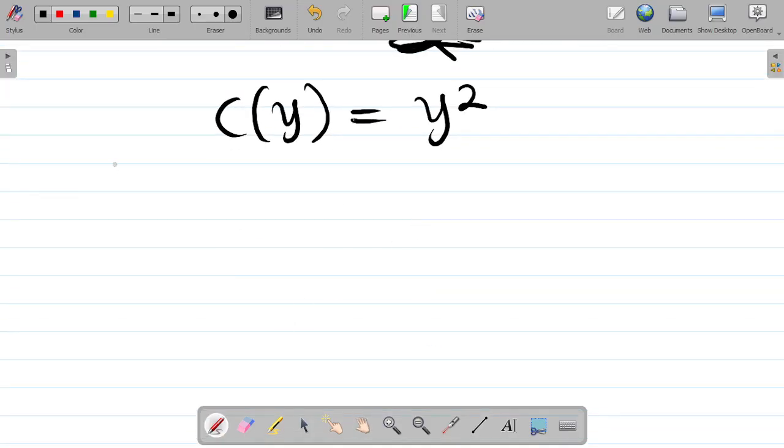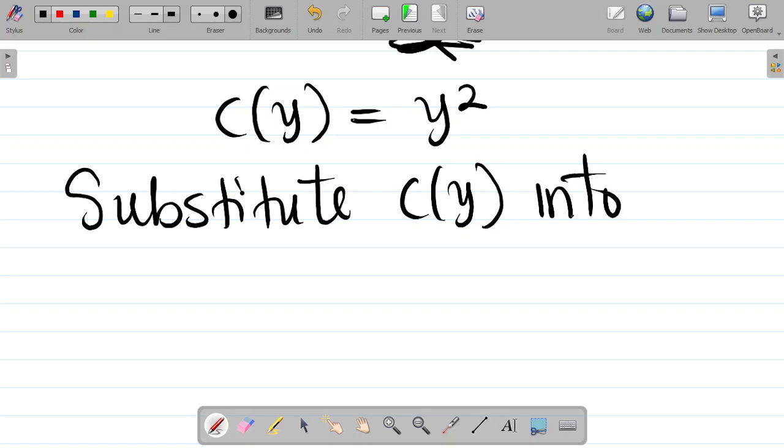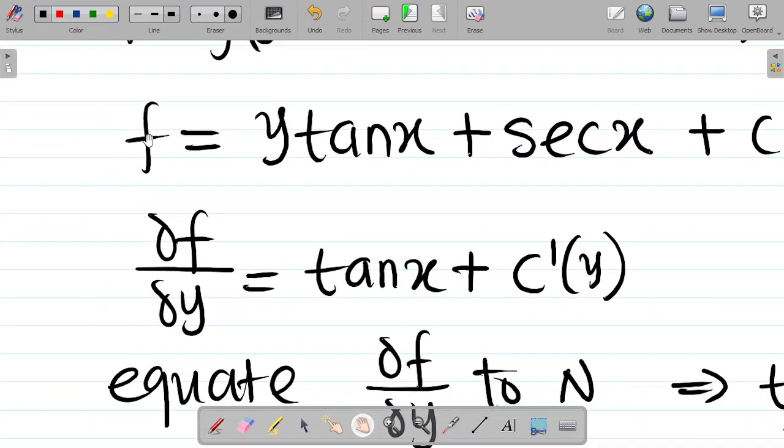At this point, we say substitute the value of c of y into equation asterisk. Let's put c of y into asterisk. What do we have there? Equation asterisk said f of, we'll call this f of xy because you have x terms and also y terms.